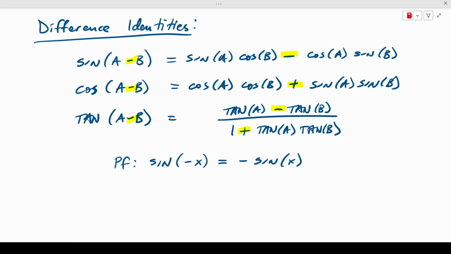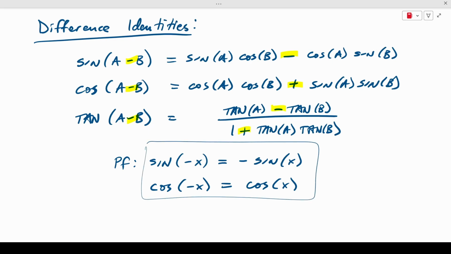I'll show you that in a second. And if you have cosine of negative x, this is identical to cosine of positive x. And to see these two things, I'll quickly show you on Desmos.